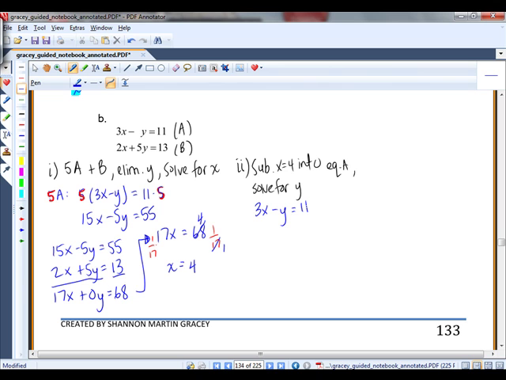So substituting in x is 4, we'll have 3 times 4 minus y equals 11. 12 minus y is 11. Negative y, if I subtract 12 from both sides, would be negative 1. So y would be positive 1. So here's where we substituted in. And that's what we had found for x.